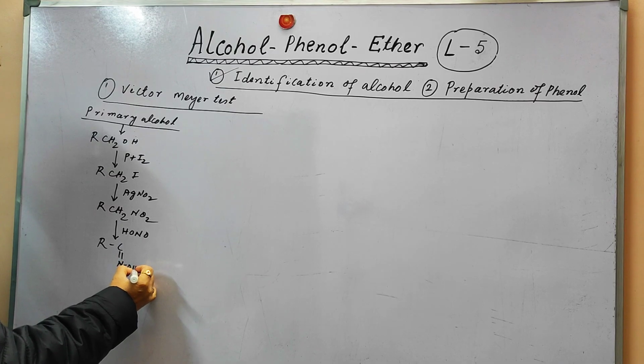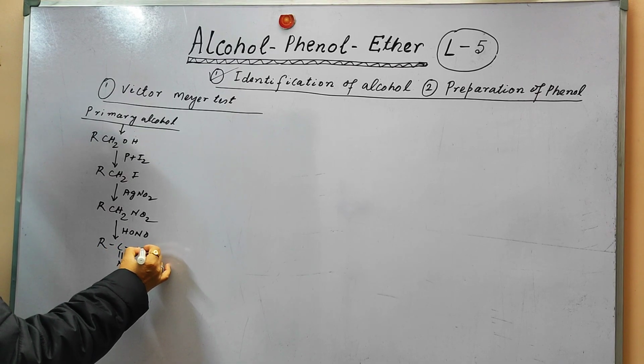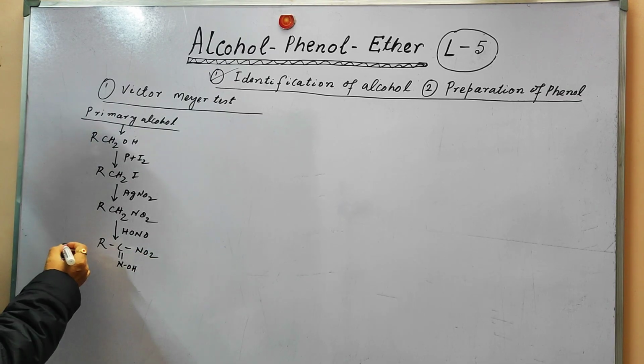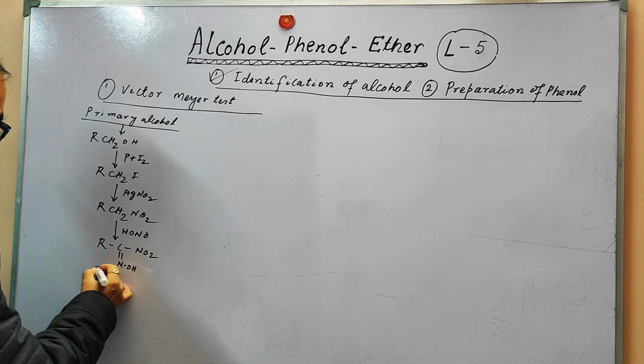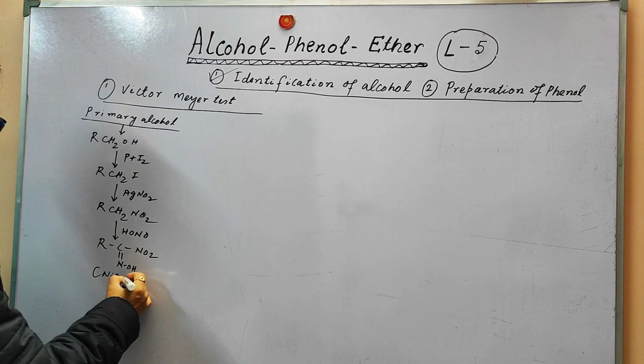It will be like this: double bond NOH and NO2. This is called nitrolic acid.